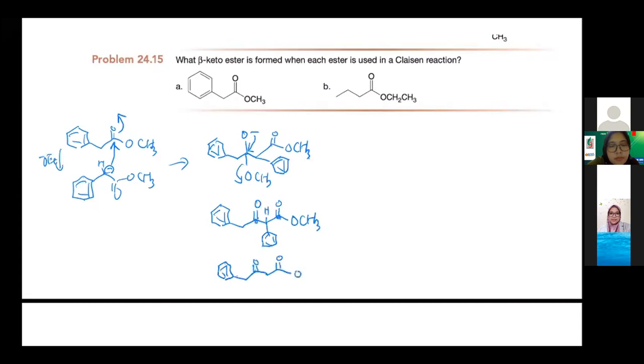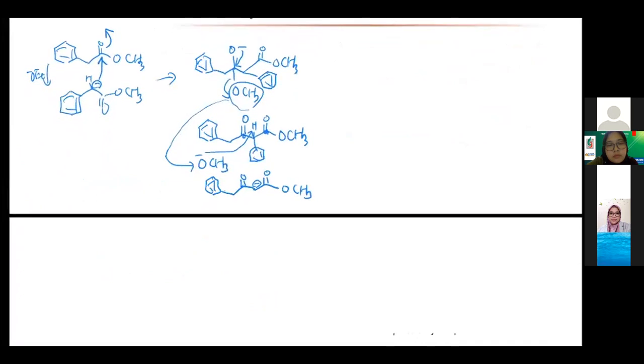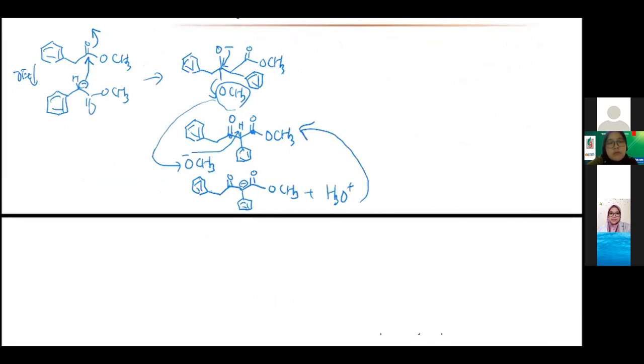This one is removed here, this is the minus, and it takes a proton from the aqueous solution and reforms this compound. Okay, this is the Claisen reaction.